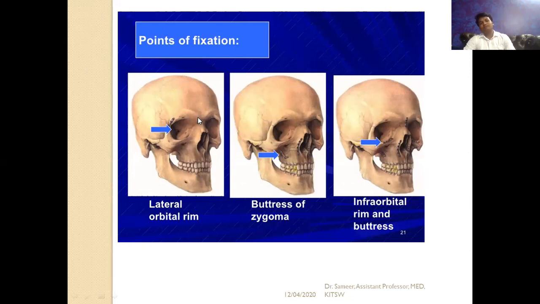We have other points of fixation in the skull as well. The second image is the buttress of zygoma. The third picture represents the infraorbital rim and buttress. The patient in our example is the lateral orbital rim.